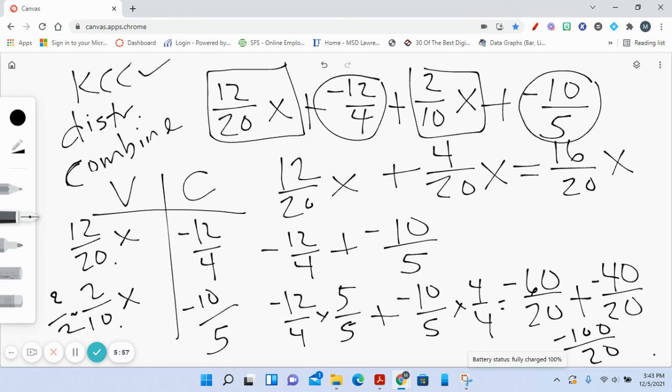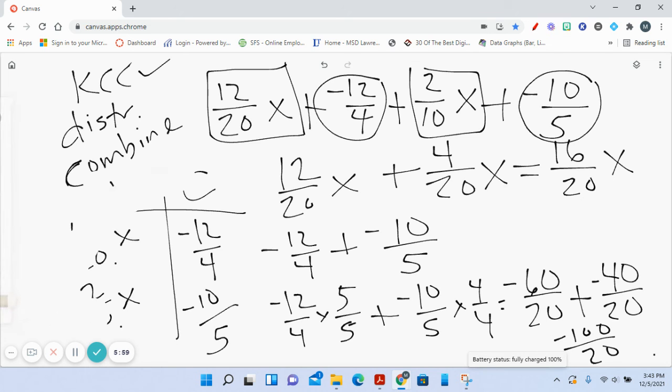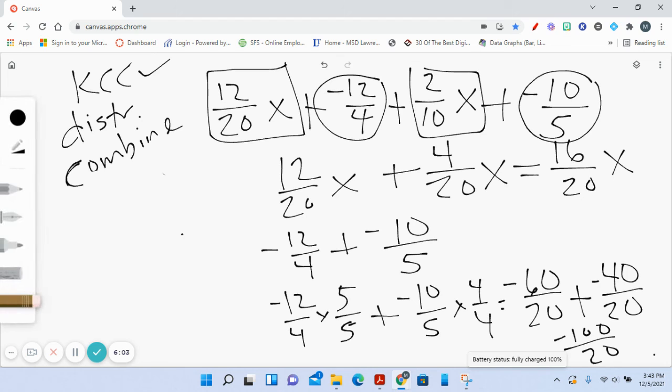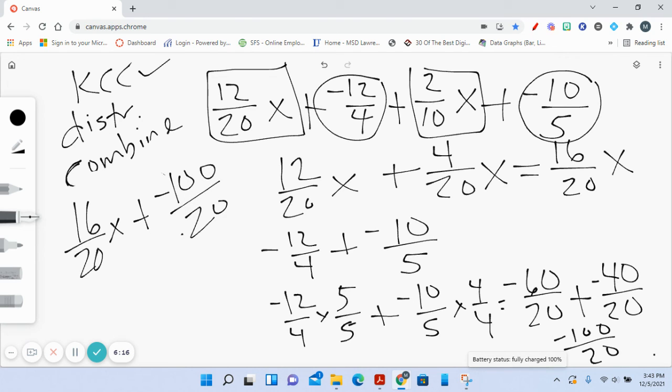All right, so now let's put together our variables and our constants, and we get 16 over 20x plus a negative 100 over 20. And I would take this as an answer, but we could also reduce it.